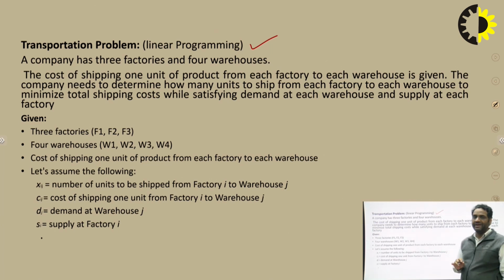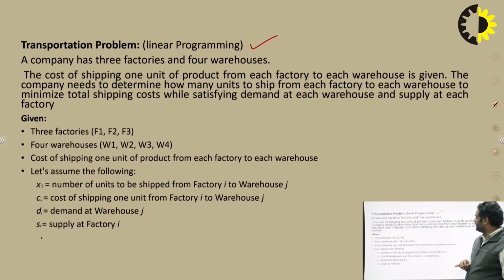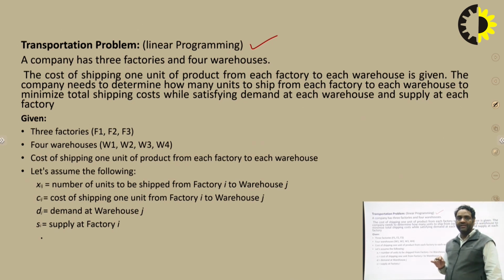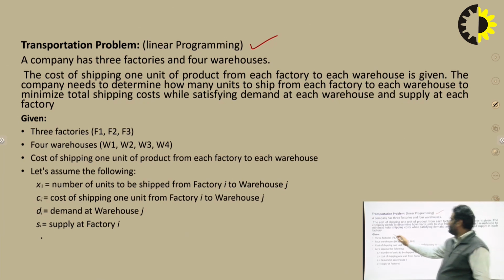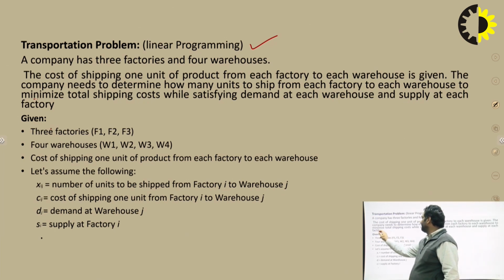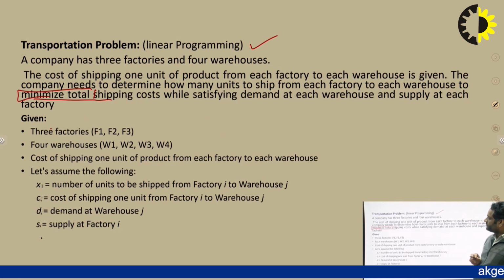So this is our practical example. Now we need to find the minimum result, the minimum total cost, as an optimization. So let's formulate this given problem.